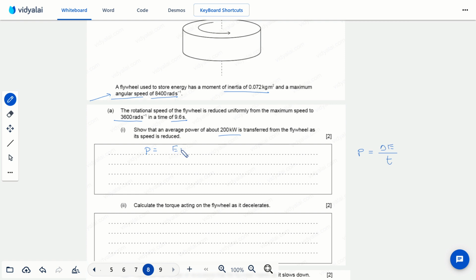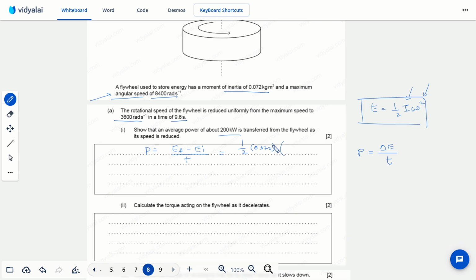So in order for us to find out the change in rotational kinetic energy, we can use this expression of half I omega squared. An object with moment of inertia of I rotating at a rate of omega will have its rotational kinetic energy be half I omega square. Since half and moment of inertia are the common factors in both these terms, I can write it down separately.